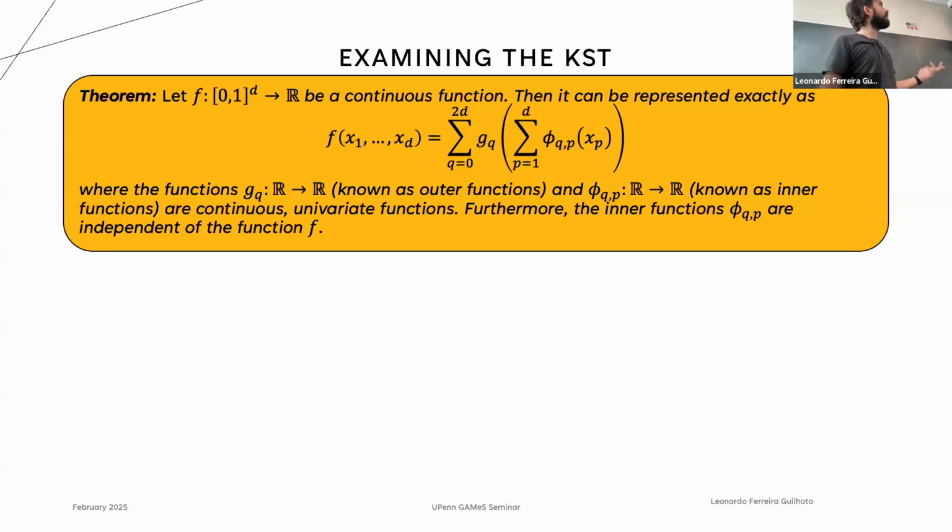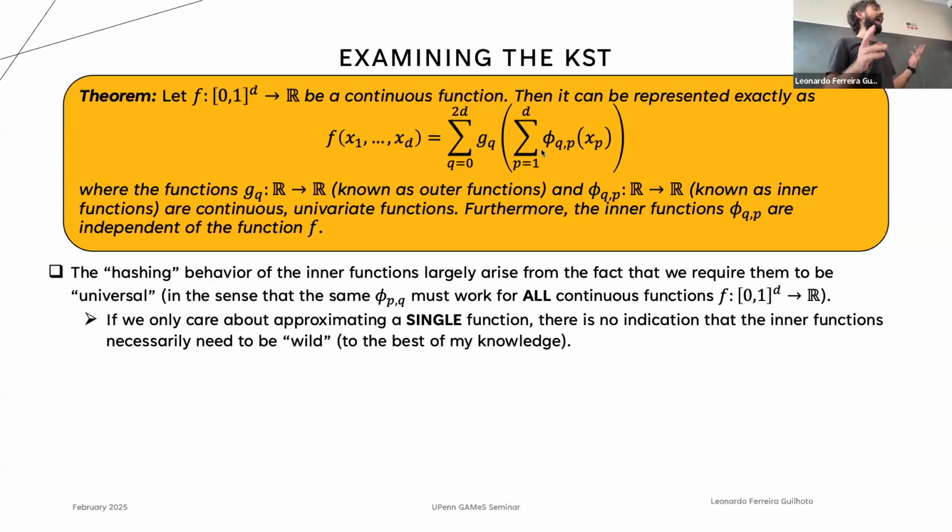But there are a few caveats to that. First off, that hashing behavior that you see from those constructive proofs largely comes from the fact that we require these inner functions to work for all continuous functions f from this d-dimensional cube to the real numbers, right?